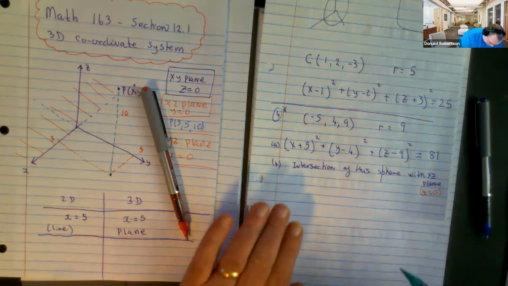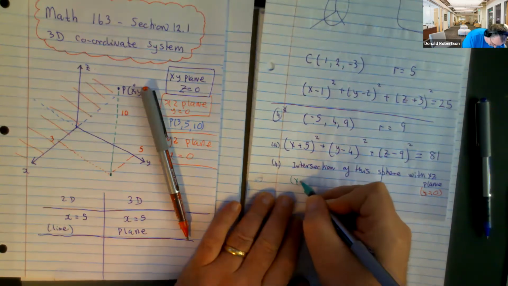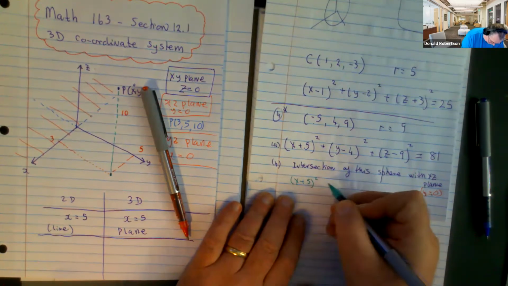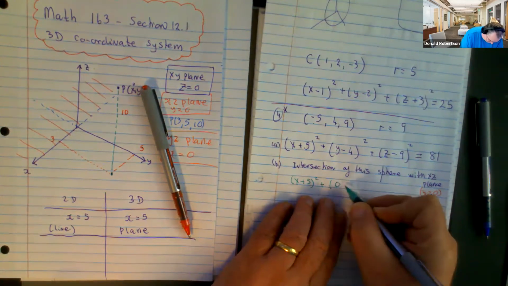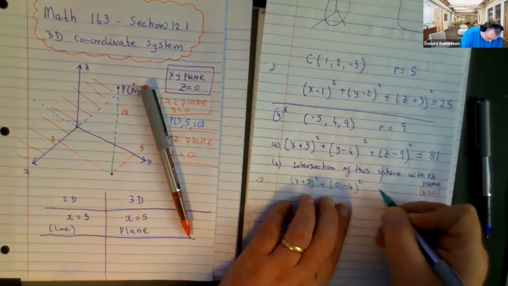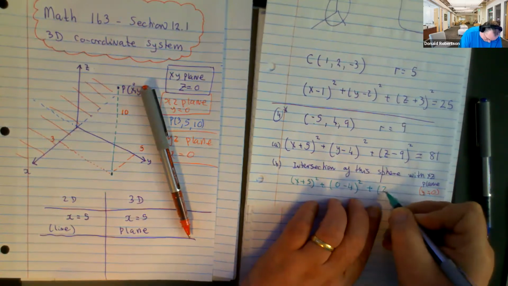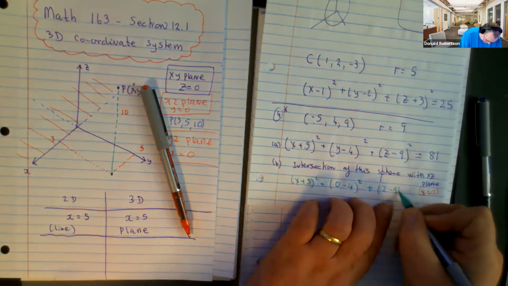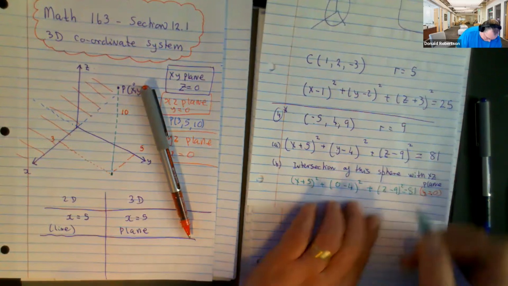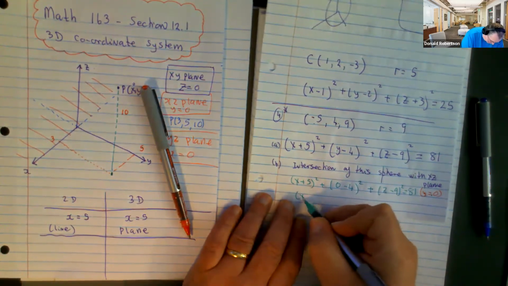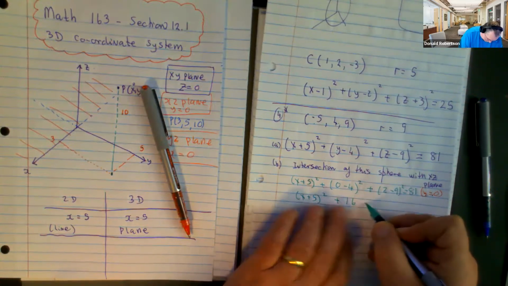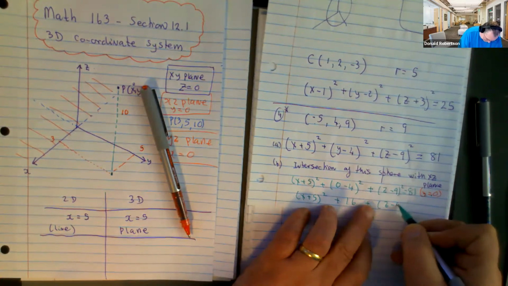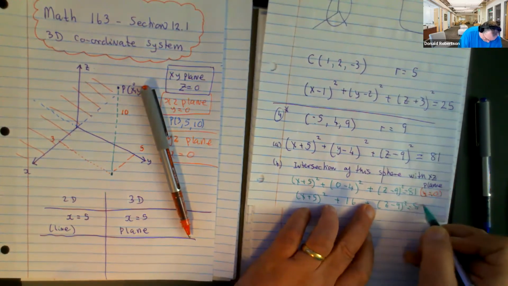So this should be a circle when I'm finished. So it's x plus 5 squared plus 0 take away 4 squared plus z take away 9 squared equals 81. So I have x plus 5 squared plus 16 plus z minus 9 squared equals 81.